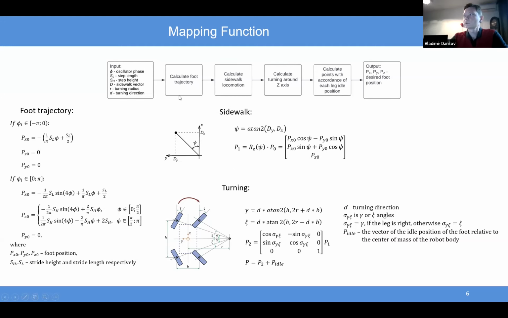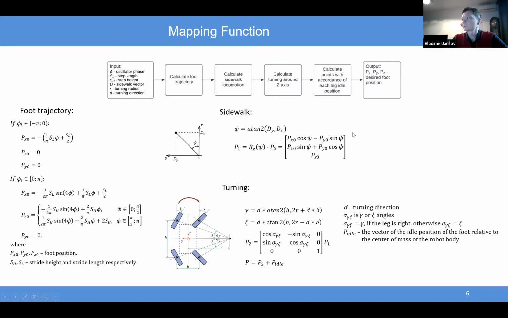Now let me show you the mapping function. The first part of this block is calculating base foot trajectory. So if we are in stance phase, we use these equations. If we are in a swing phase, we use these equations. Next, we need to calculate sidewalk locomotion. It's quite easy.